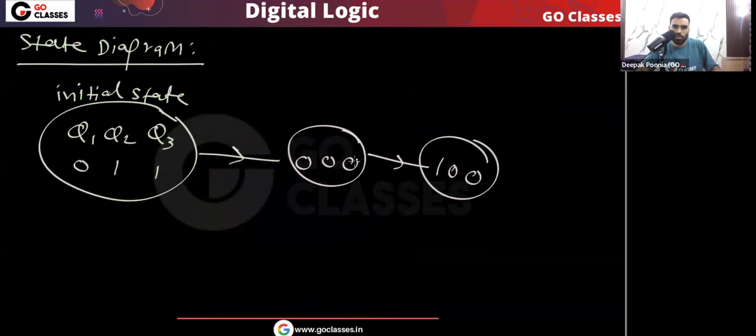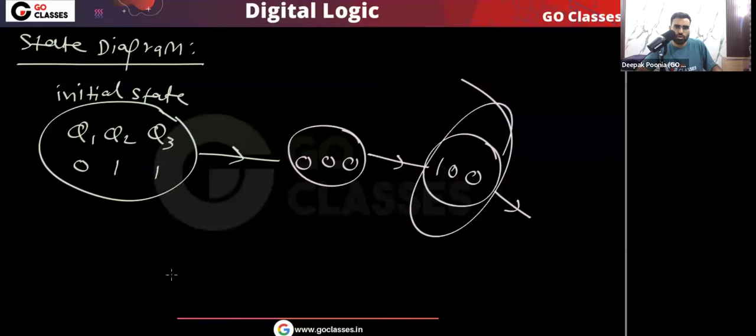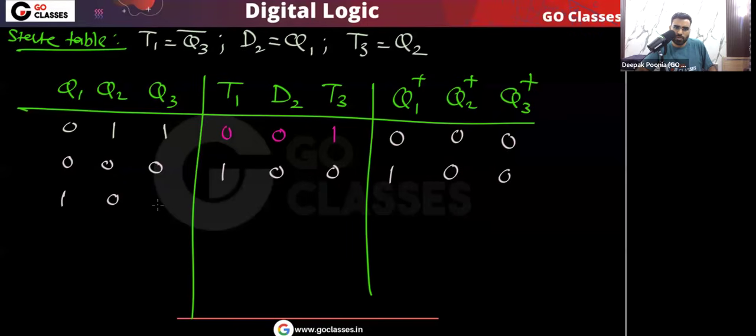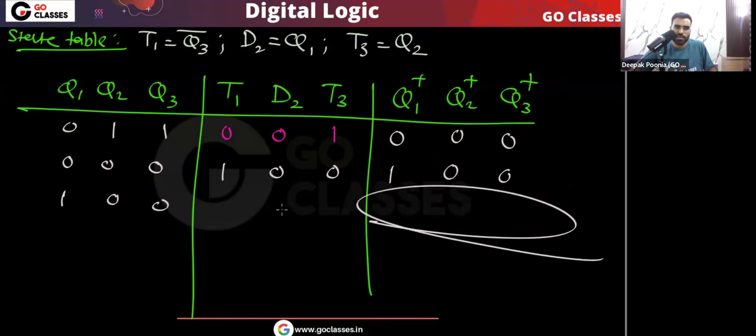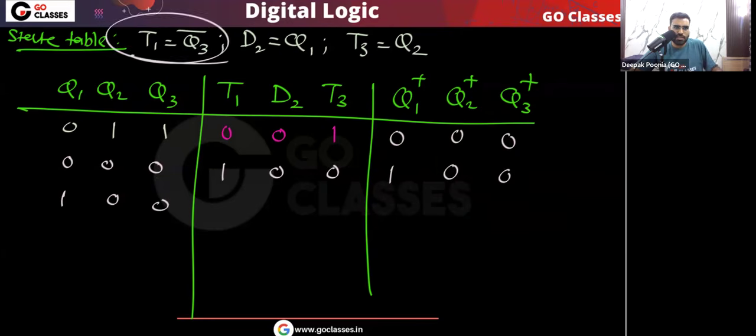Now from 1, 0, 0, to which next state will we go? Let's assume that 1, 0, 0 is the present state. Again, T1 is Q3 complement, D2 is Q1, and T3 is Q2.